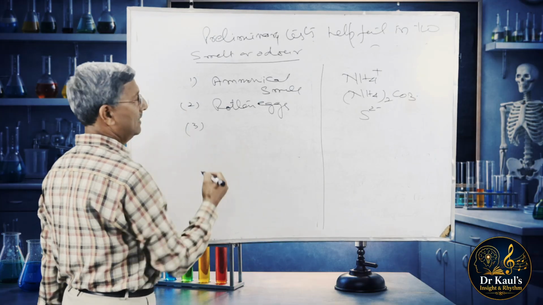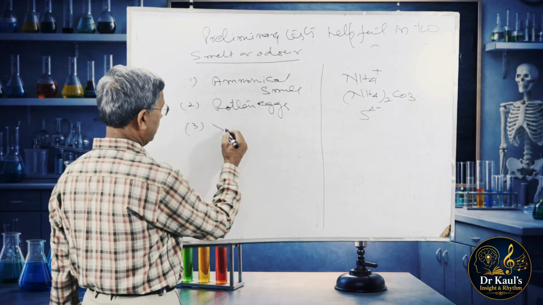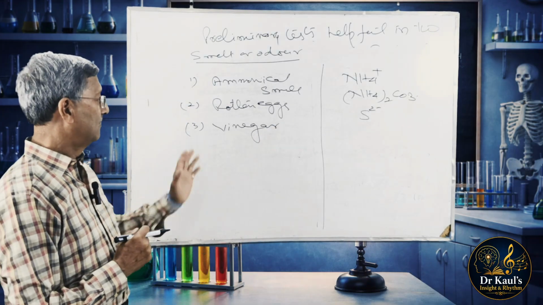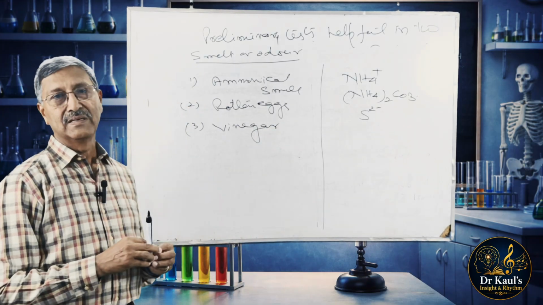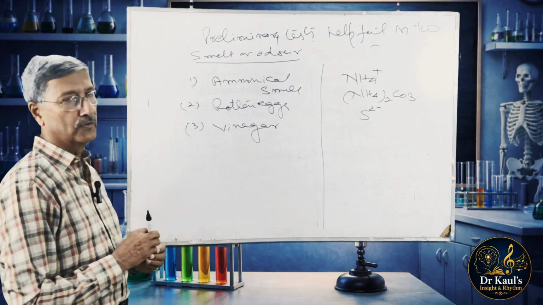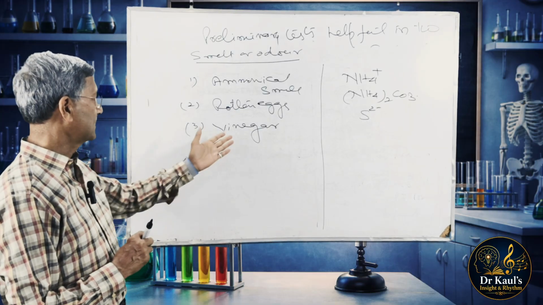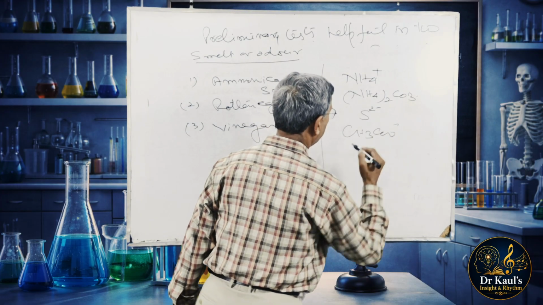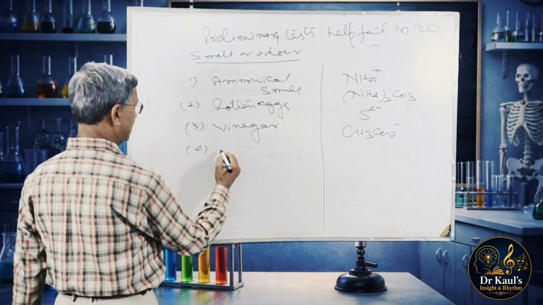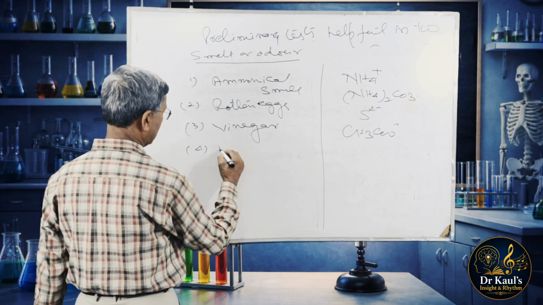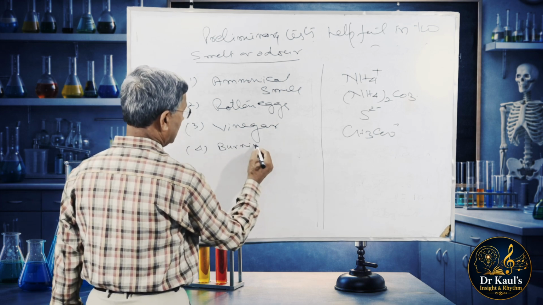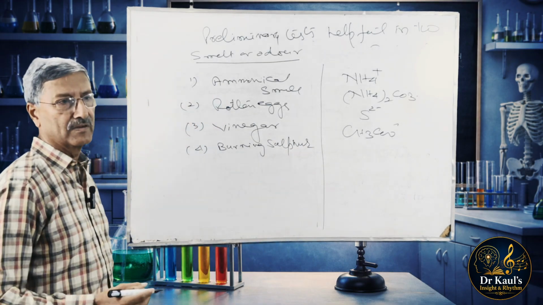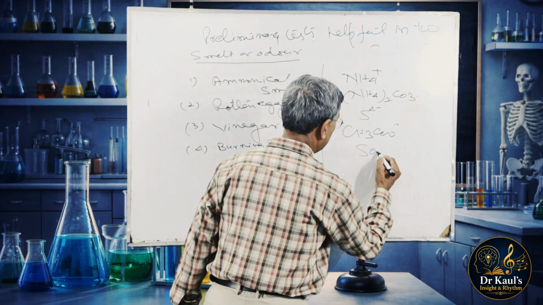Number three, if we get a smell like that of vinegar, you remember we had this experience in the test with concentrated sulfuric acid, that is acetate. So if we get a smell like that of vinegar, then it may be due to acetate. Sometimes we get a little smell like that of burning sulfur, not much, but a little feeling of it. It could be due to sulfite.